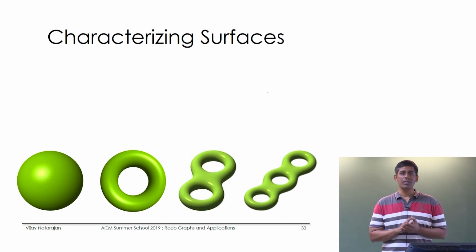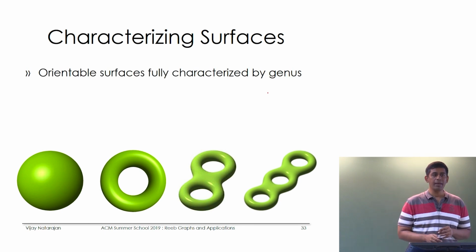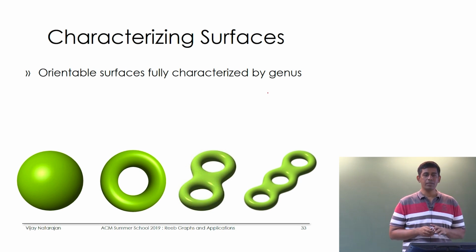Now, the result actually says that the surfaces that you see on the screen, these are all the different types of surfaces that are possible. So, formally what it says is that if you take orientable surfaces, which is another technical term, it just means that your surface has a well defined orientation, that is something which is clearly outward and something which is clearly inward.